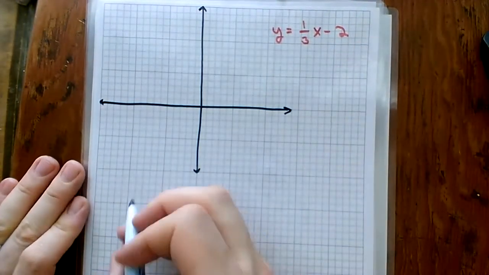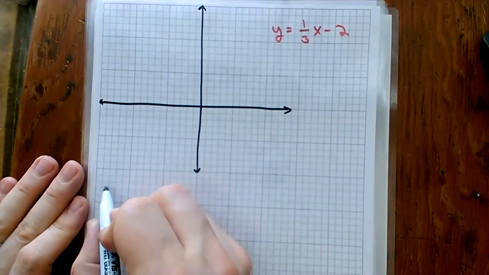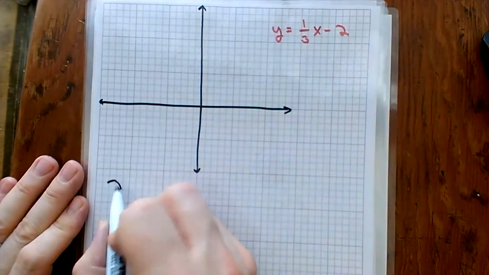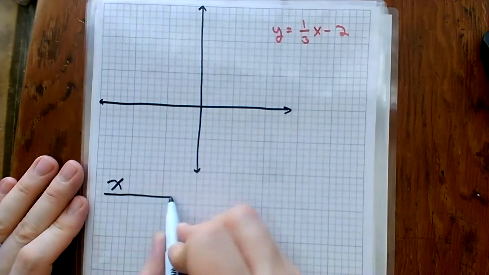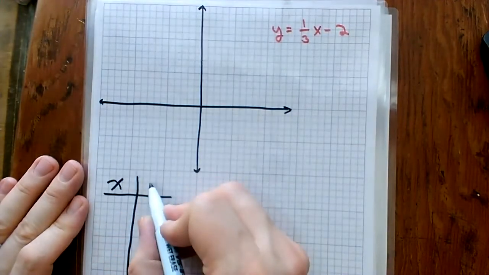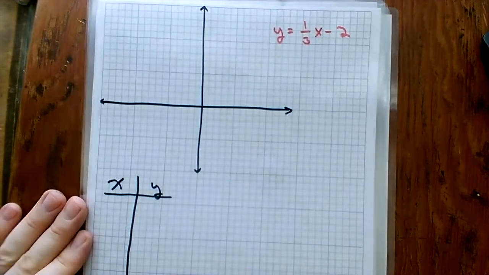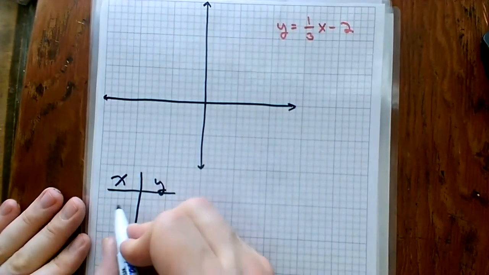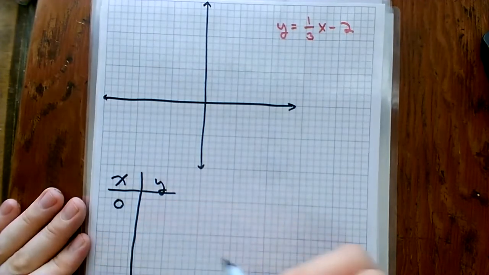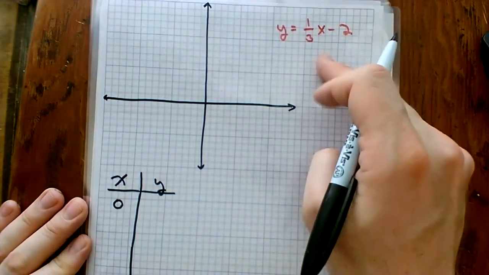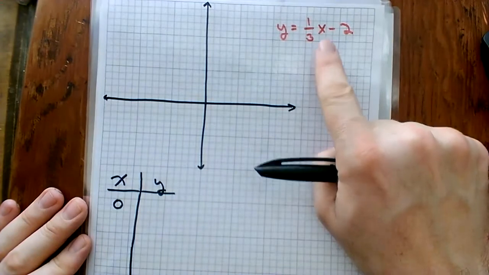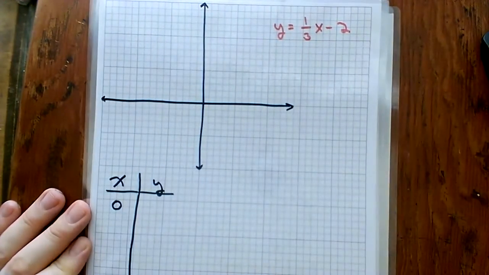And we're going to stick with our method of using a table of values. So I'll have x and y. And now the funny thing here is I did say I always like to start with some zeros. I'm going to start with a 0 here for x, but there's another really useful technique that's going to help us here.